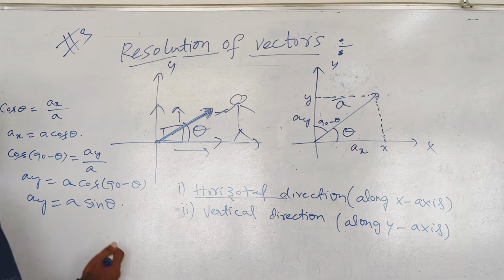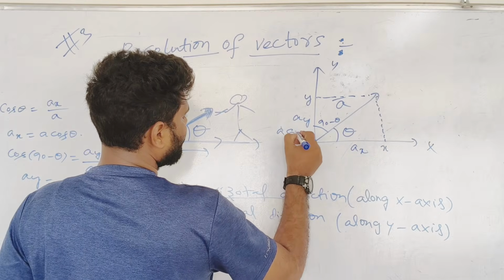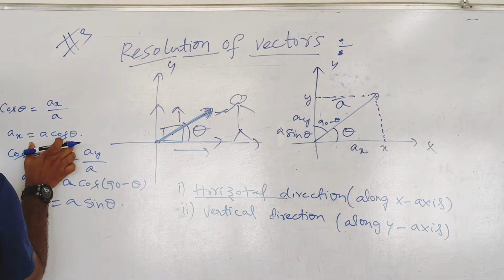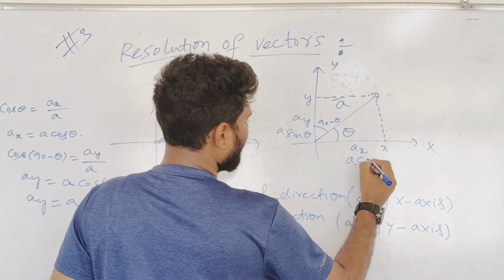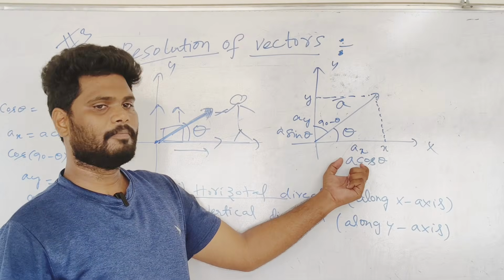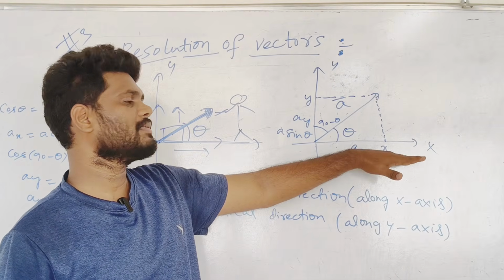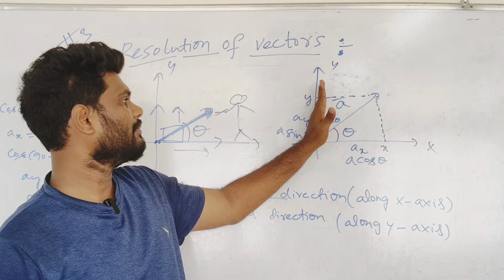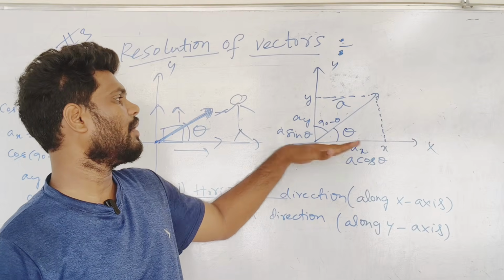We found Ax equals A cos theta, acting towards the x-axis, and A sin theta towards the y-axis.